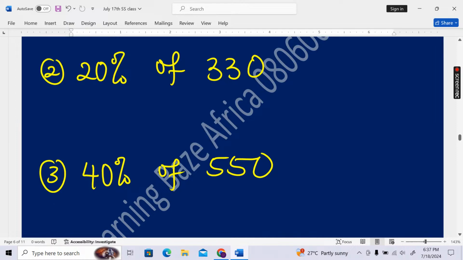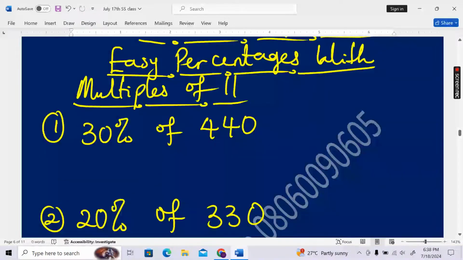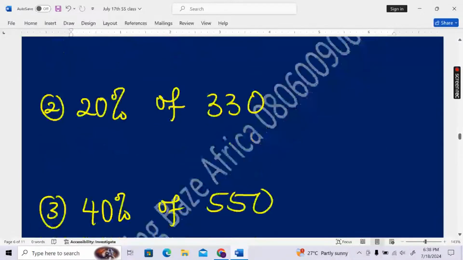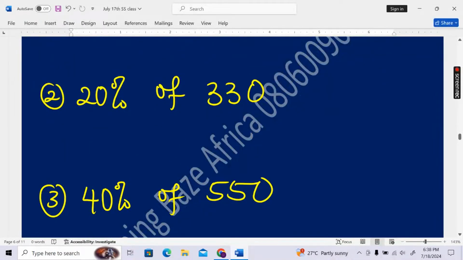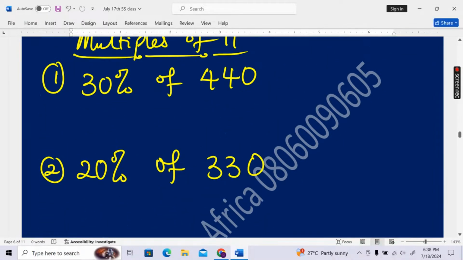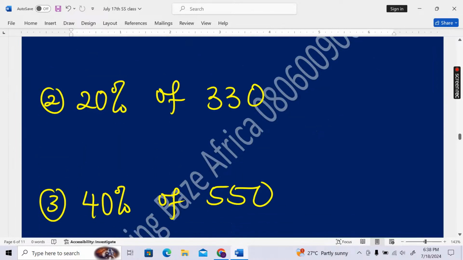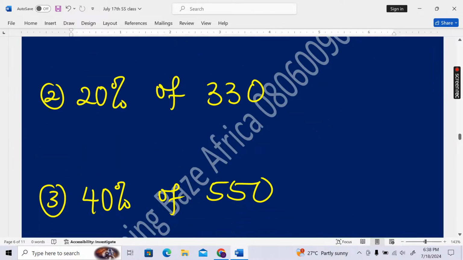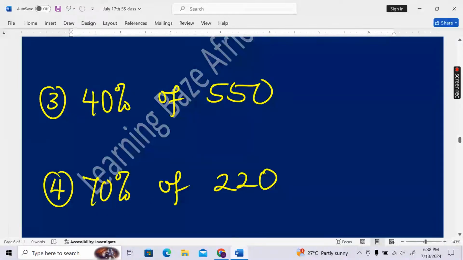The first one says, what is 30% of 440? All the examples given here have to do with multiples of 11. 440 is a multiple of 11. 330 is a multiple of 11. 550 is a multiple of 11.